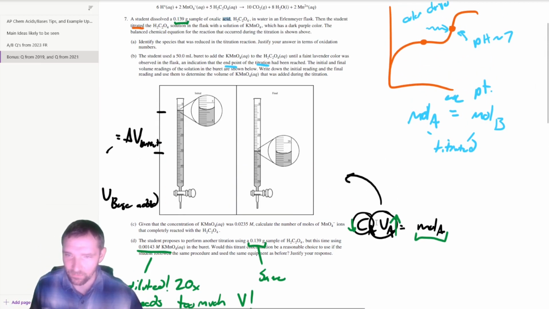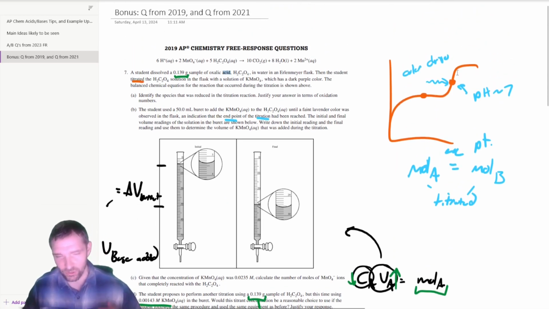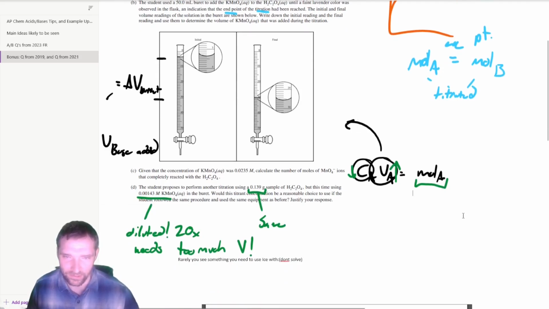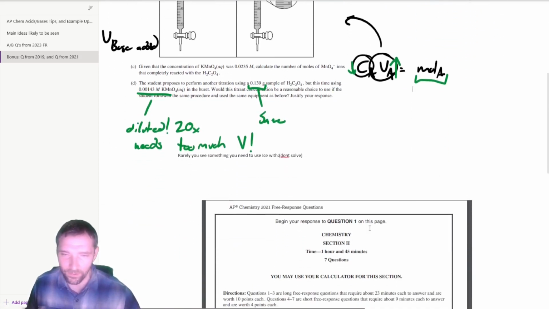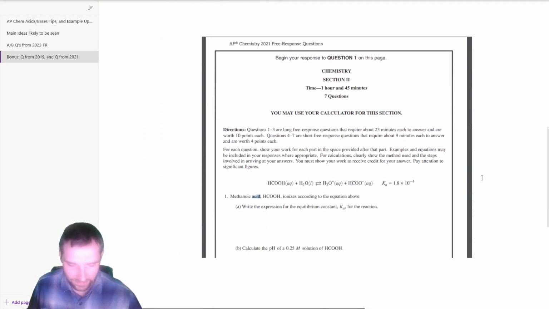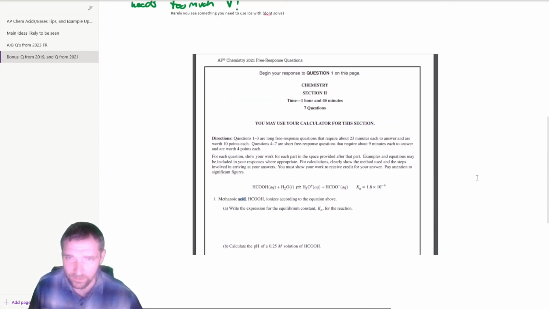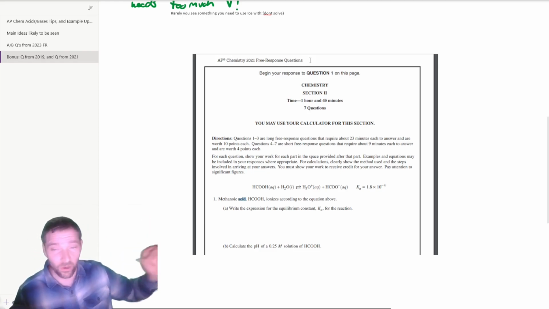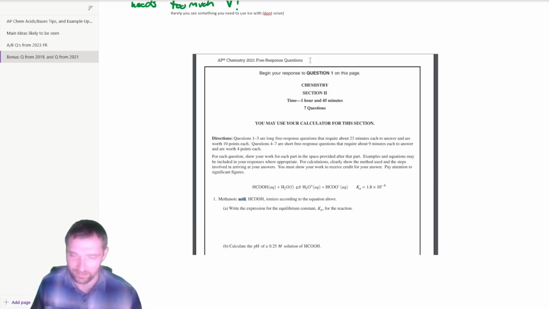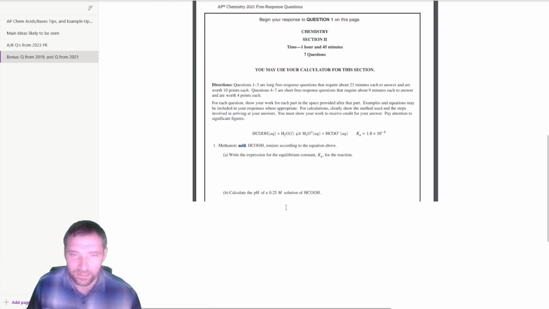And you can see how this one formula and the idea of a titration curve come into play, though you don't have to do much of a complicated calculation with the ice charts or whatnot. The only problem that I've seen where you really have to do an ice chart on the FRQs, these free response questions, in the last 4 or 5 years is this part right here.